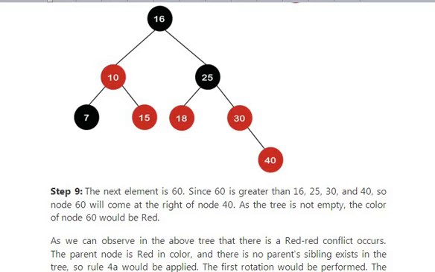The next element is 60, and 60 is greater than 16, 25, 30, 40. And there is a red conflict. The parent node is red in color, and there is no parent sibling.